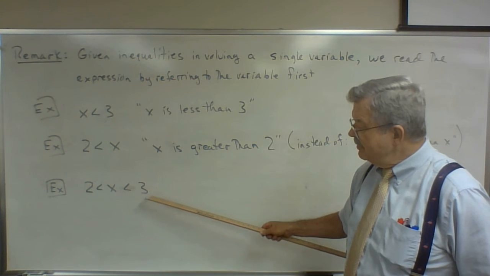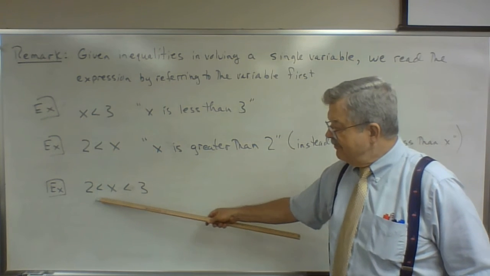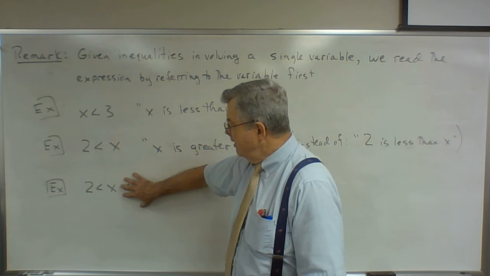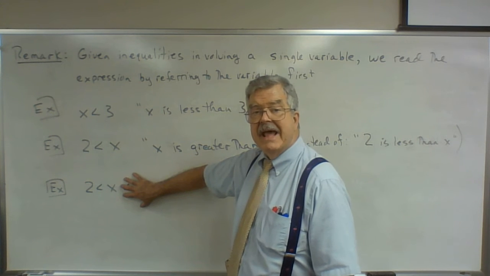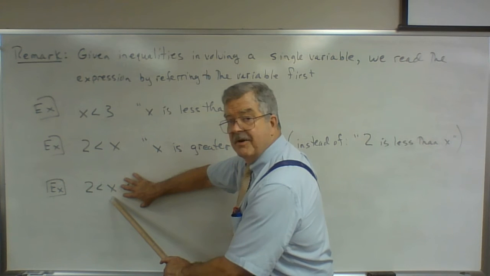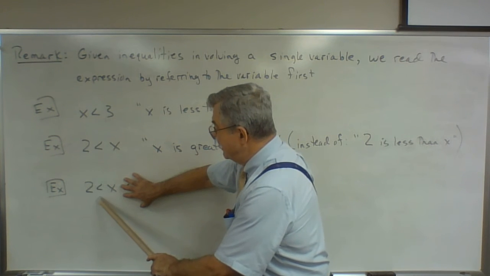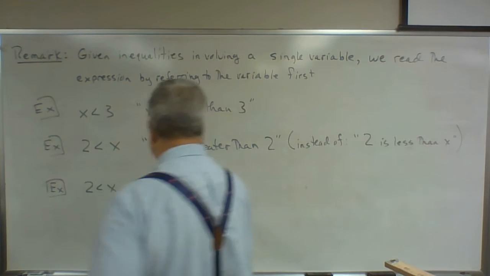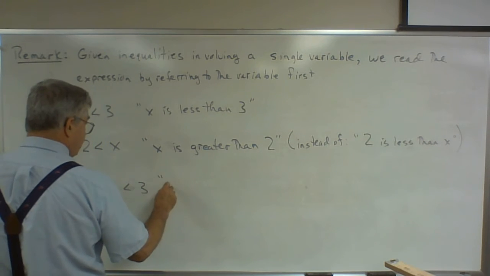Now, how would we do this? The first part of the inequality says 2 is less than x, or if we refer to the variable first, we're going to say x is greater than 2. So I'll say x is greater than 2.